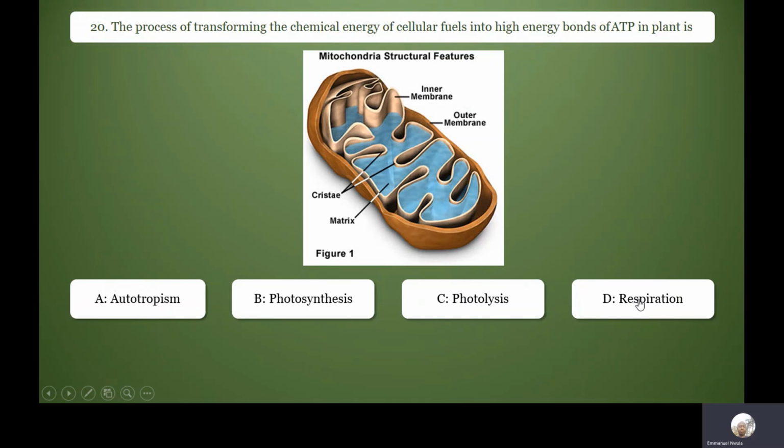When glucose is broken down in cells to release ATP, we call it respiration. So the correct option here is respiration.